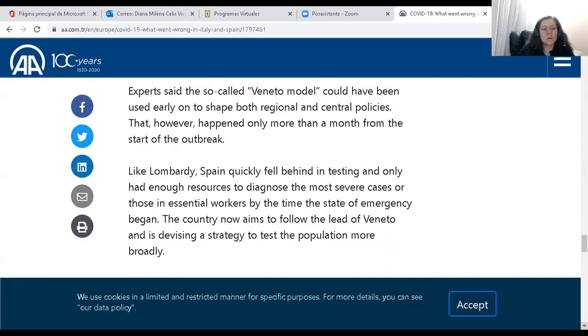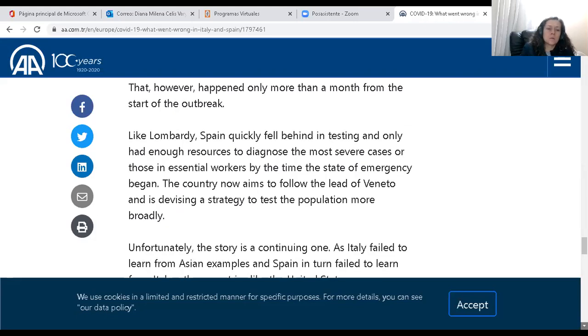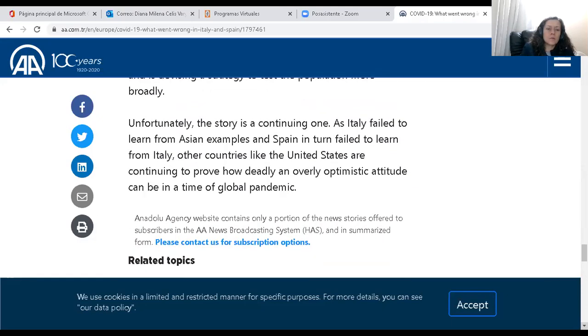Like Lombardy, Spain quickly fell behind in testing and only had enough resources to diagnose the most severe cases of those inessential workers by the time the state of emergency began. The country now aims to follow the lead of Veneto and is devising a strategy to test the population more broadly.